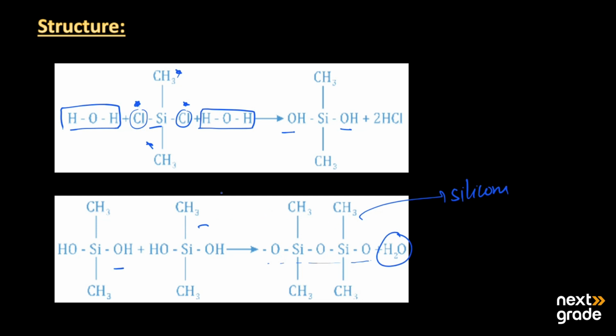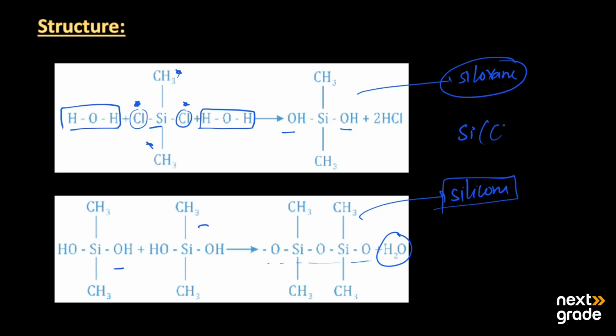These are mainly known as siloxanes, and these siloxanes make long chains and change into simple silicones. So in this, the silicon holds the methyl groups.